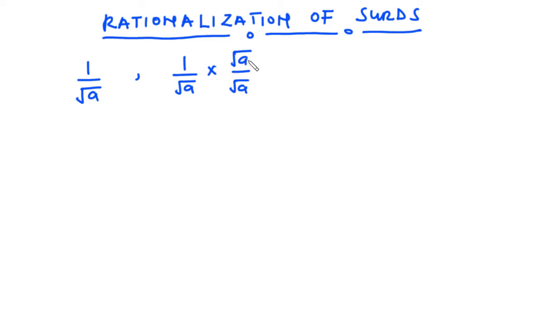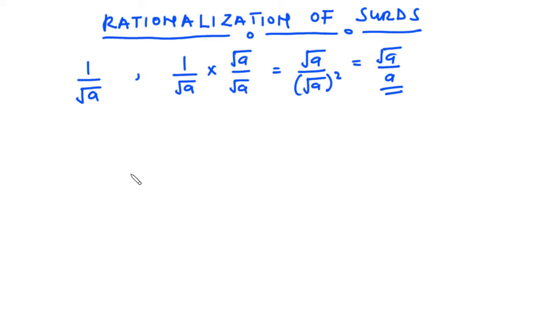Now 1 times the square root of a is equal to square root of a, and then square root of a times square root of a is the square root of a squared. So we have root a divided by, now the square cancels the square root, so we have a. So we've been able to rationalize this expression 1 over the square root of a to get the square root of a divided by a.